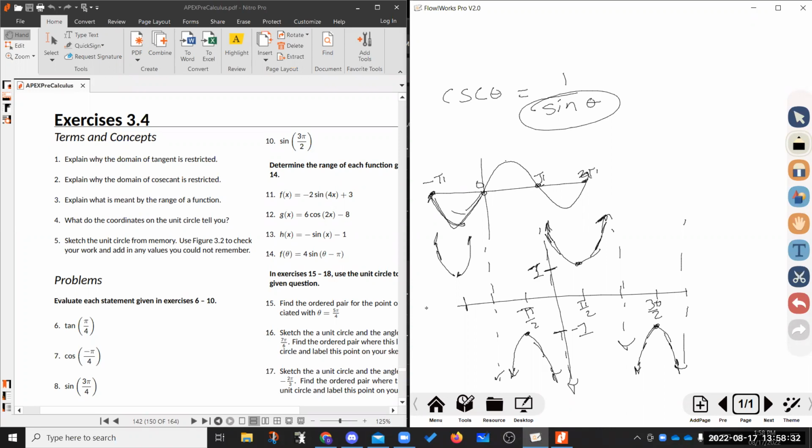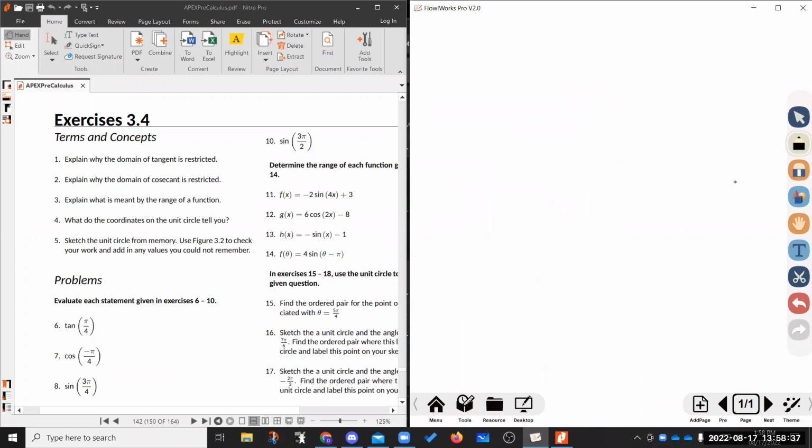What do the coordinates of the unit circle tell you? Oh, good, we are going to talk about the unit circle today. So the unit circle is a circle with a radius of 1. That's what it means by a unit circle. And any coordinate on the unit circle is going to give us, if this is theta and this is x and this is y and this is 1, then x is going to be equal to the cosine of theta and y is going to be equal to the sine of theta.